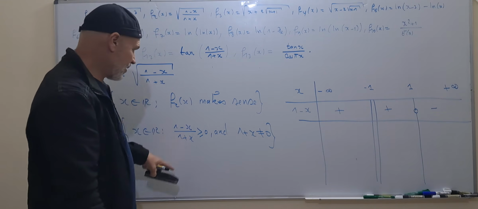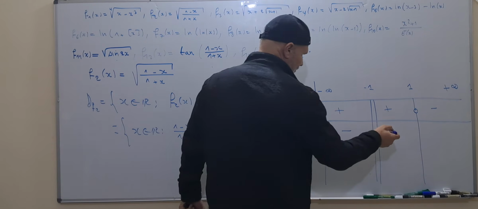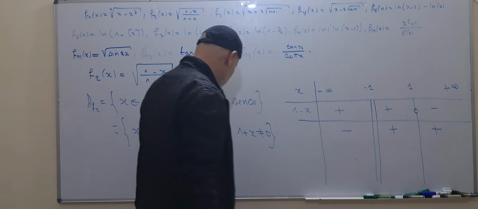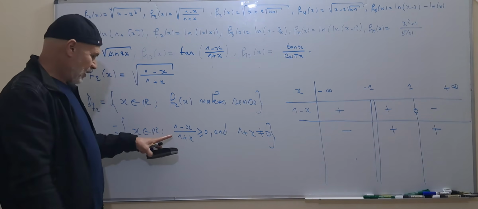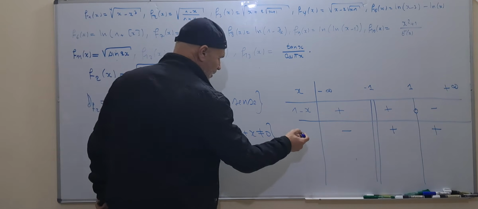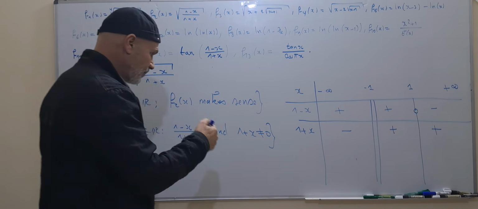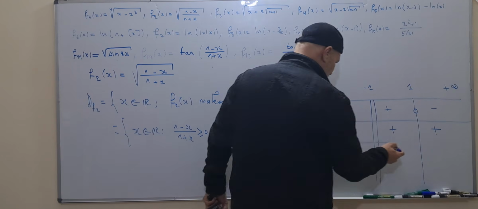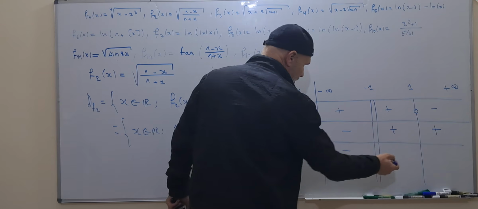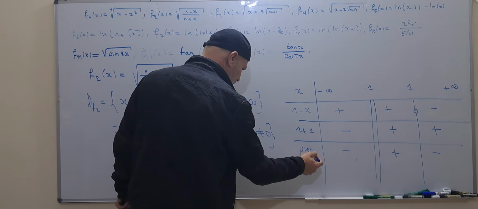And 1 plus x is negative if x is less than minus 1 and positive if x is greater than minus 1. If we take the product, we will get here minus, here plus, and here minus.